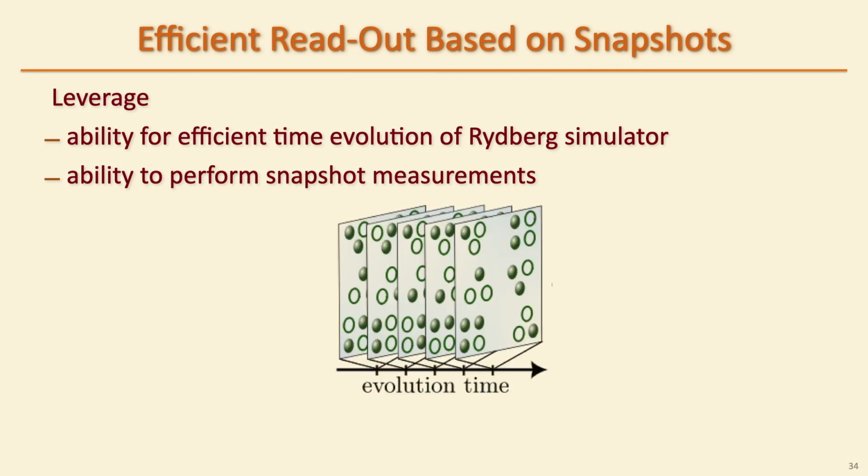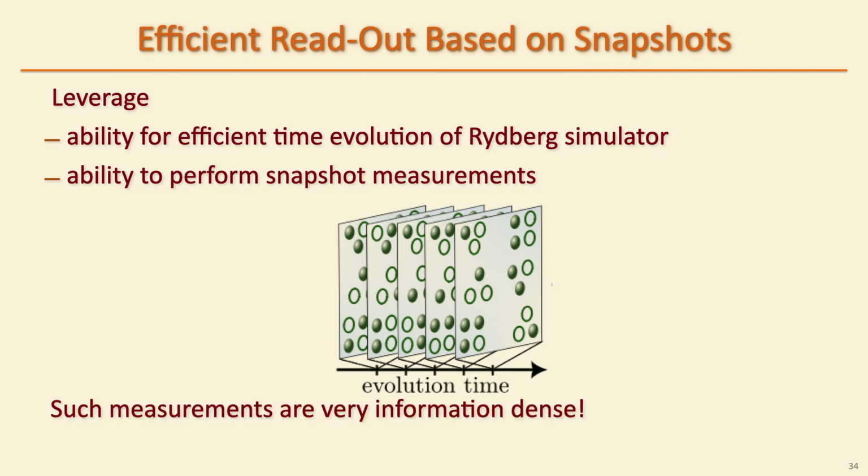That's something that I wouldn't say is unique to the Rydberg, but it is very helpful that one can basically, with a single camera click, capture the whole array in one shot. Of course, you measure in the measurement basis in this case, and that you can do for different preparations, different evolution times, etc. And this whole set of data is very information dense.